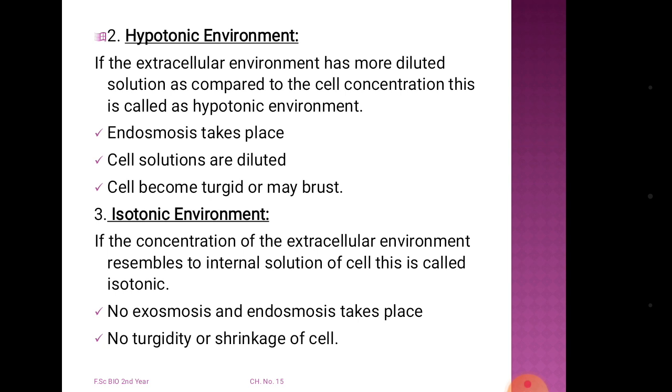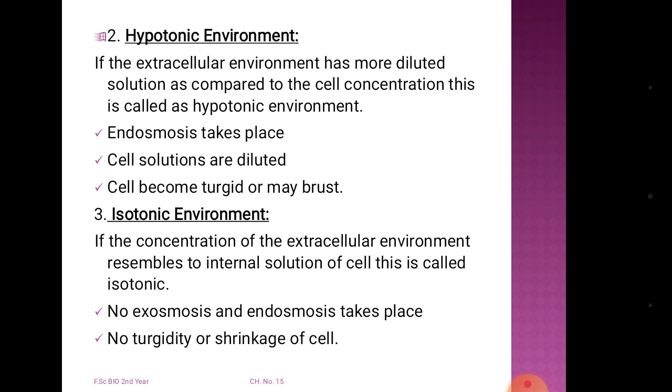In a hypotonic environment, endosmosis takes place. Water will enter inside the cell, the cell solution will become dilute and the cell becomes turgid, or it may burst in the case of an animal cell.